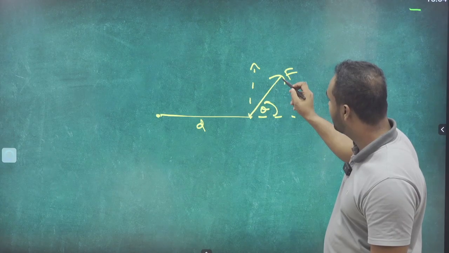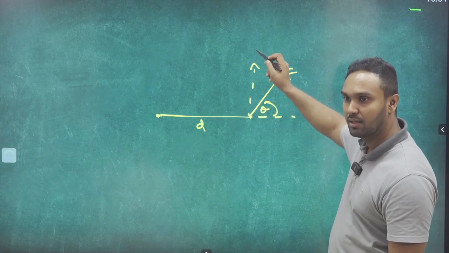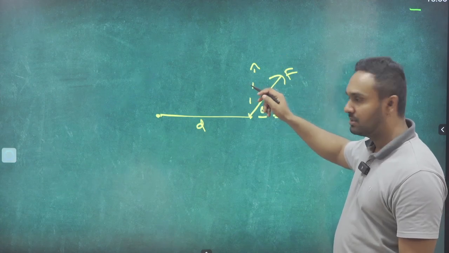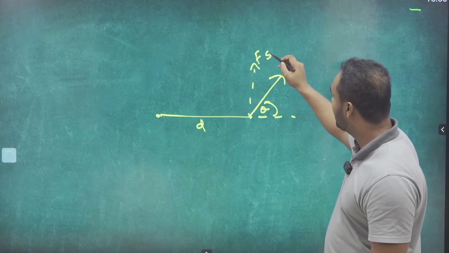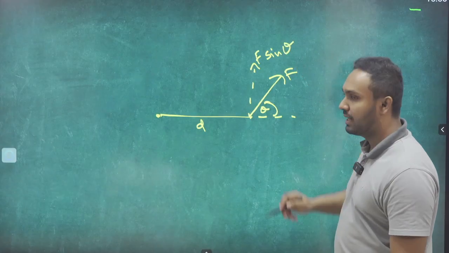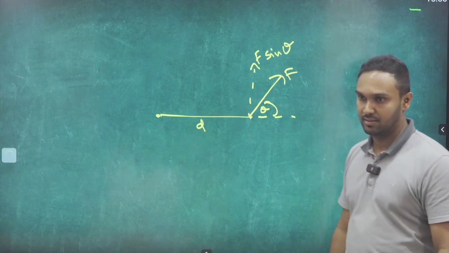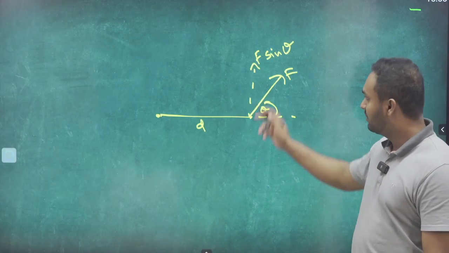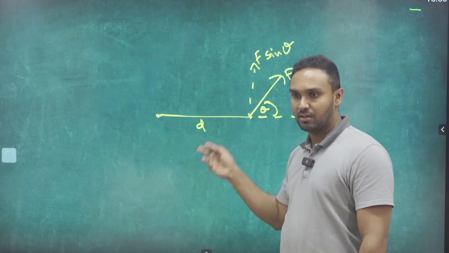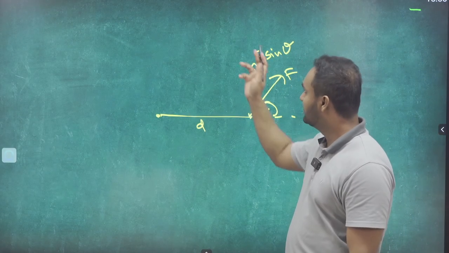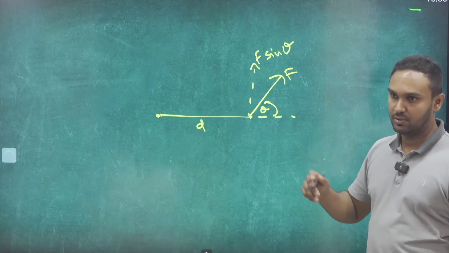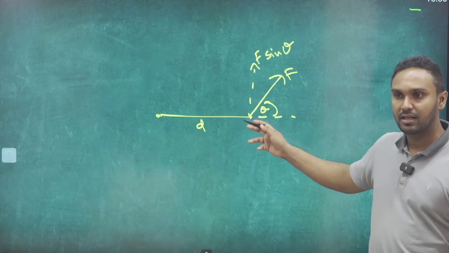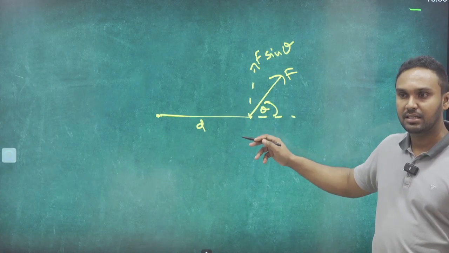What would be the component of F towards the y-axis? Sine, right? So away from the angle it is sine. So F sine theta of a force is acting perpendicular to the distance, and it is less than the F, right? Because F sine theta is less than the F. Now this force is causing the rotation, now this force is causing the torque. So it would be lesser than the Fd, right? Now the real torque here is Fd sine theta.